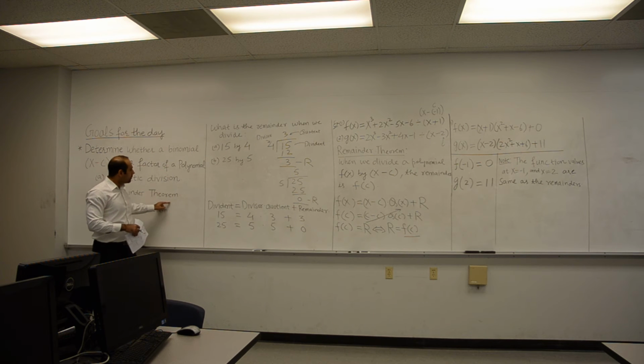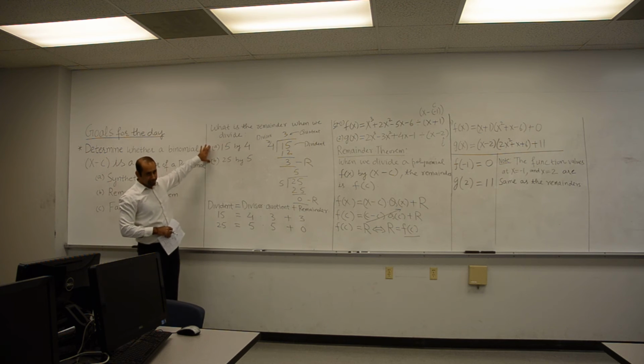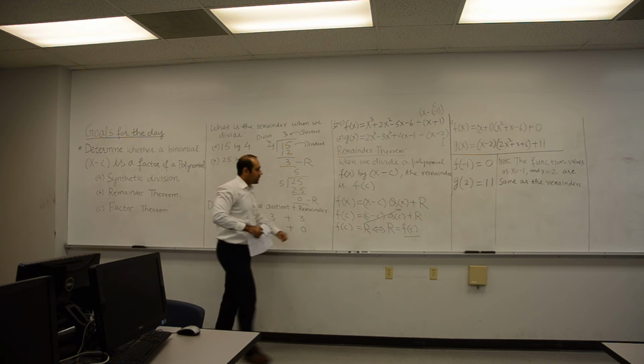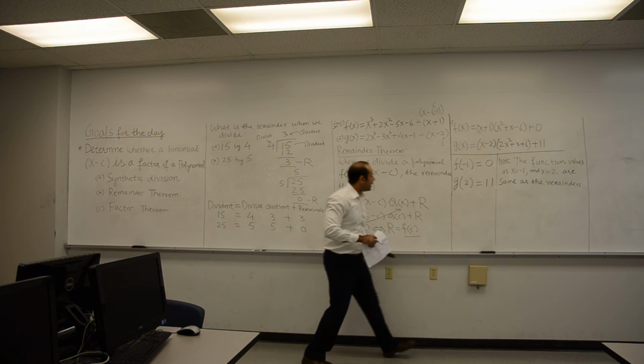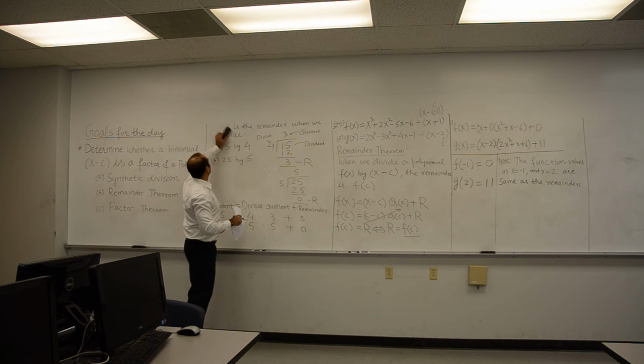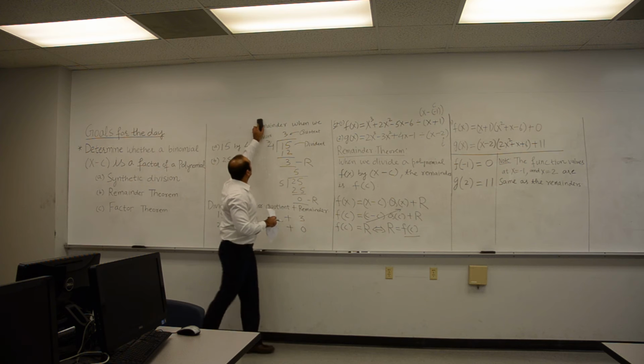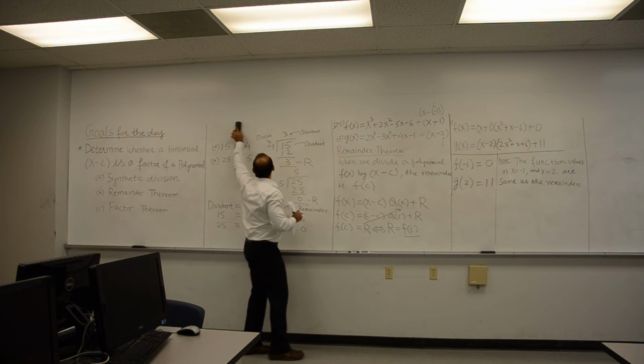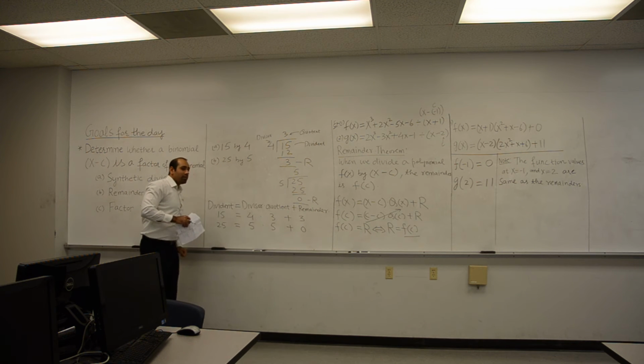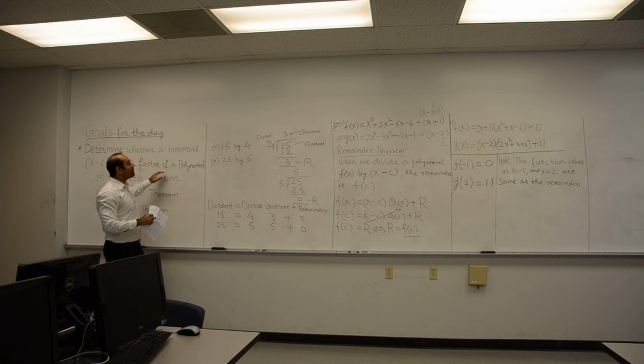Now for the final piece, the factor theorem, let us go back to our original number system. And let me ask you a different question now. We started with finding the remainder. Now let us ask ourselves a different question. We are about to answer our final goal for today, which is to find whether this particular binomial is a factor.